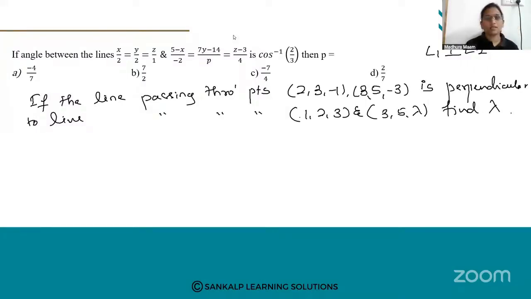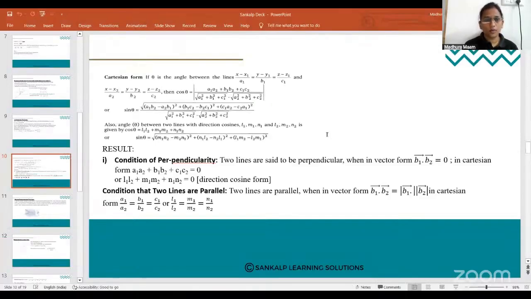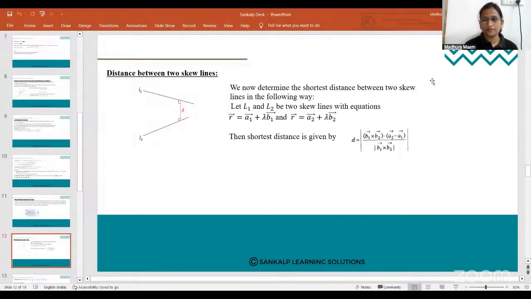Okay, next, the last concept in this: the shortest distance between lines. If two lines are given with the Cartesian vector equation a1 plus lambda b1, a2 plus lambda b2, what kind of lines are these? Skew lines. What are skew lines?